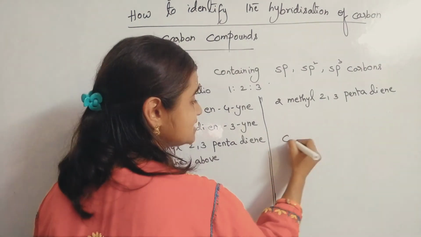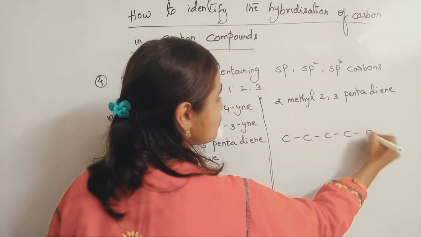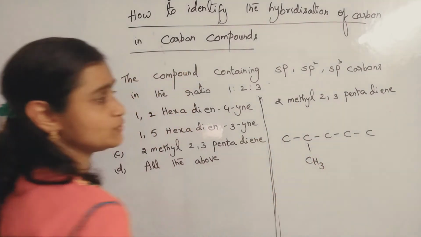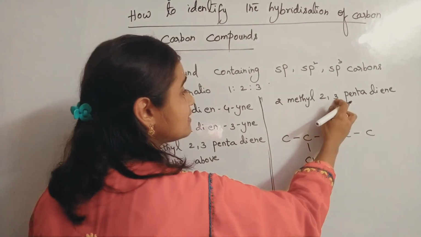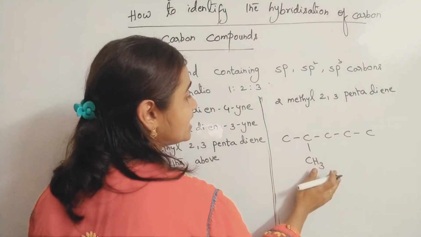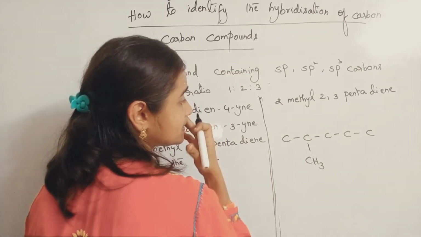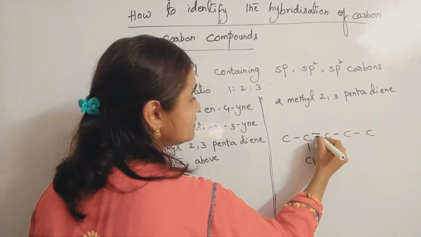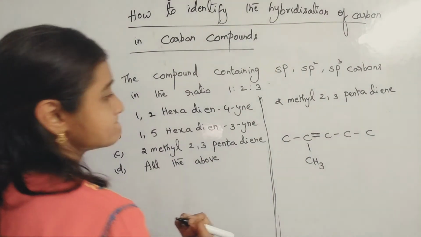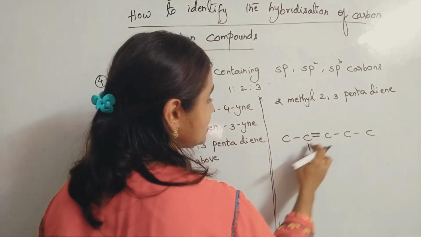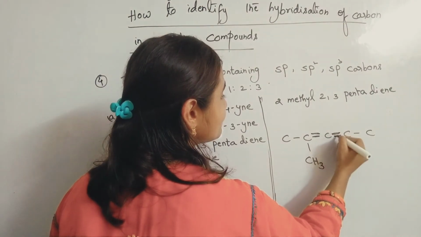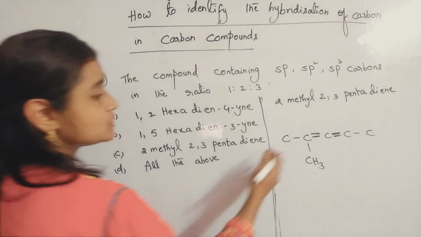Penta is a root word, means 5 carbons are there: 1, 2, 3, 4, 5. 2-methyl, I'll keep methyl, means CH3 group, and 2,3-diene means double bonds at the second and third positions, so here also we have to keep a double bond. So this is the structure.